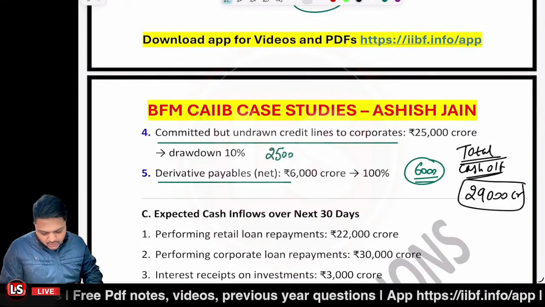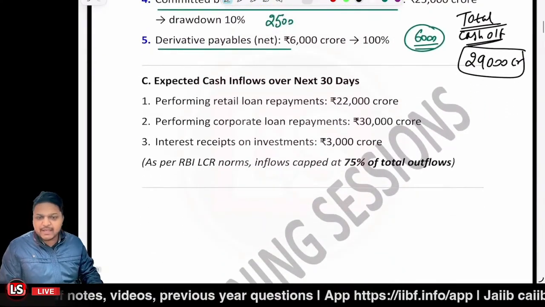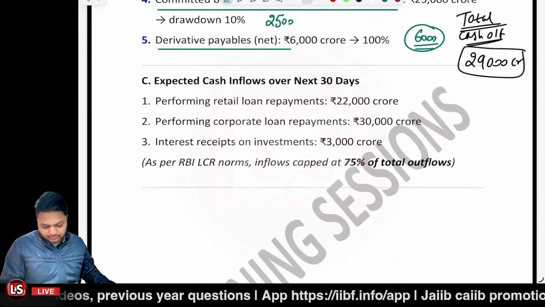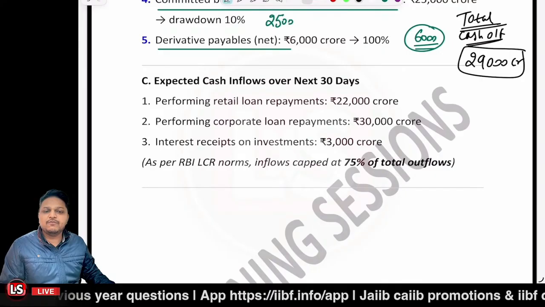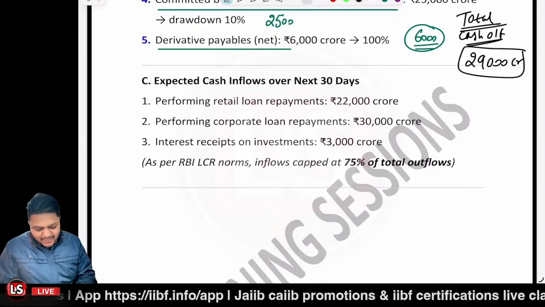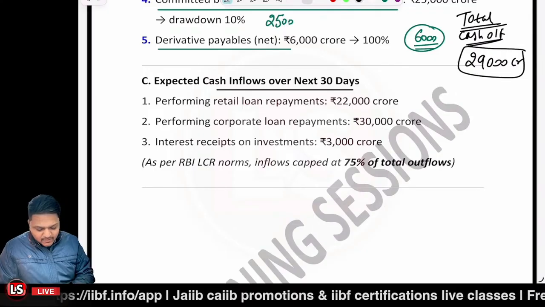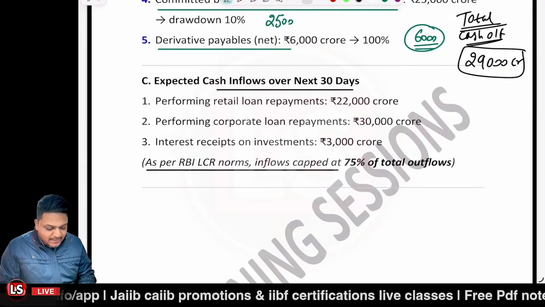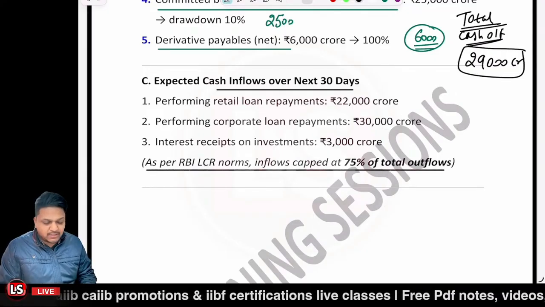Okay. So after that, it's related to the cash inflow. It is specifically given that expected cash inflow over the next 30 days, and as per the Reserve Bank of India LCR norms, inflow is capped at 75% of the total cash outflow.